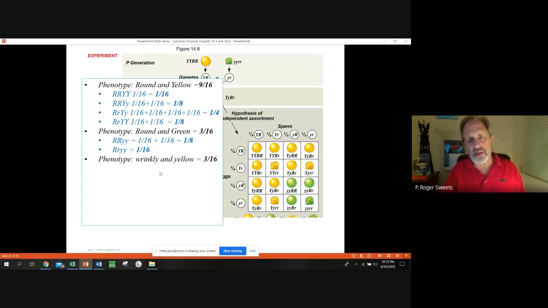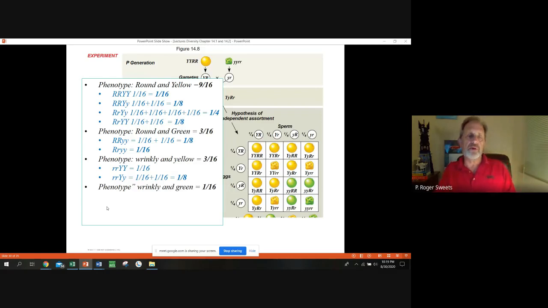As you might imagine, that's going to match up pretty well with wrinkly and yellow, 1, 2, 3. Actually, 2 different genotypes, but remember, in this case, there are 2 ways to come at that genotype. Again, we can add those together. And there's only one way to get the phenotype wrinkly and green, and that's by putting our 2 small y's and our 2 small r's together, and that's our 1/16.